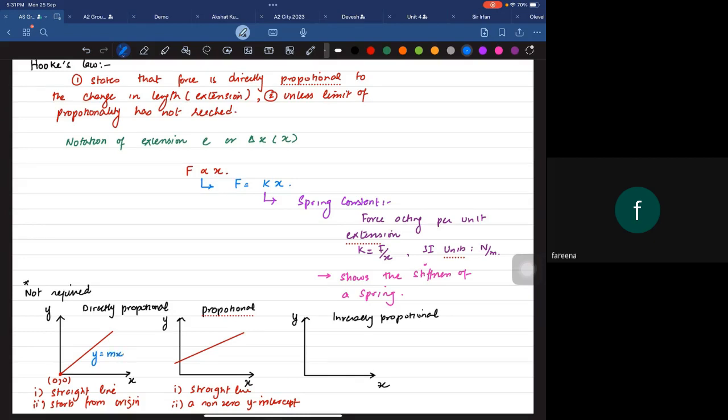This is the equation in math. The proportional one is basically y equals mx plus c. And inversely proportional would be a line like this. It will be a downward curve, by the way. It curves downward, right? Always. And the equation that we use for this one is y equals 1 upon x. Do you guys understand that? Yes.